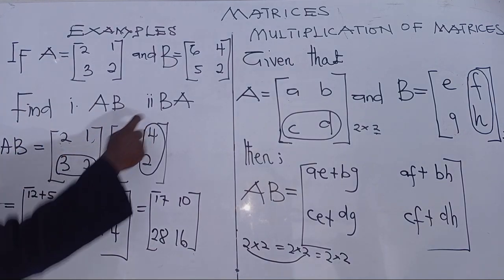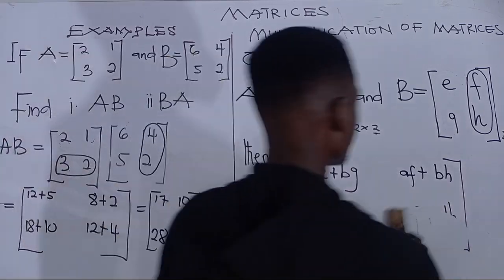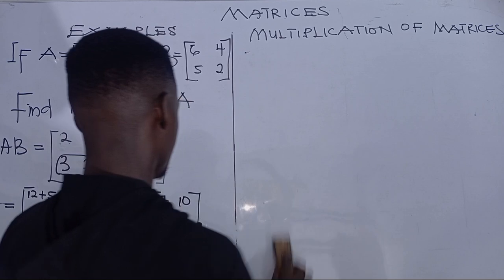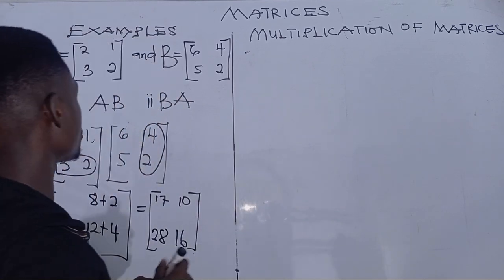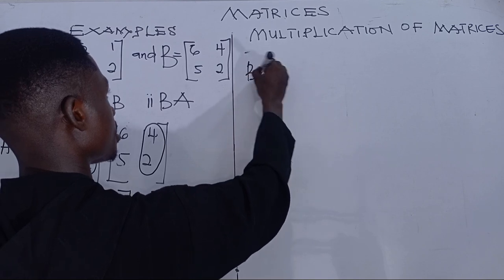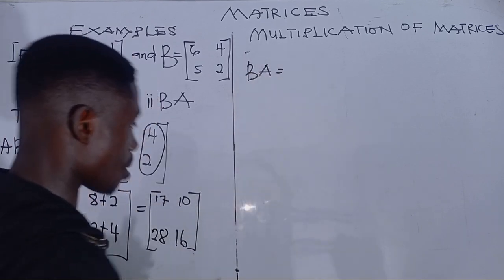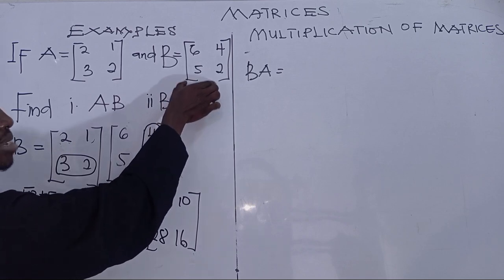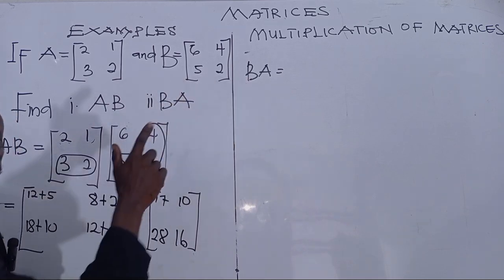So this is a 2 by 2 matrix. So let's look at the second one. So we want to find BA. BA means we are multiplying matrix B by A. So we are going to write matrix B first, BA. So matrix B must come first.